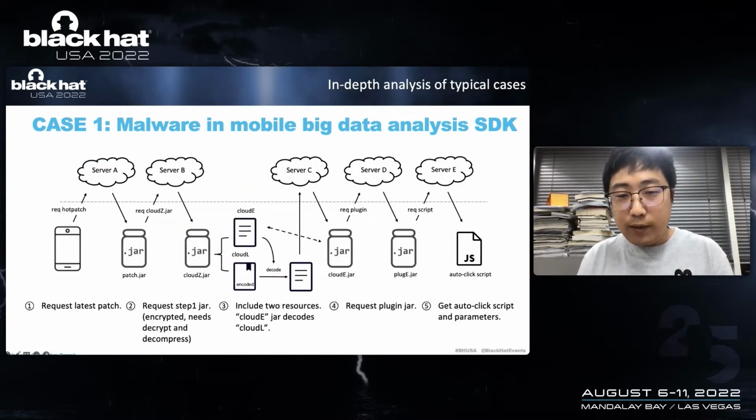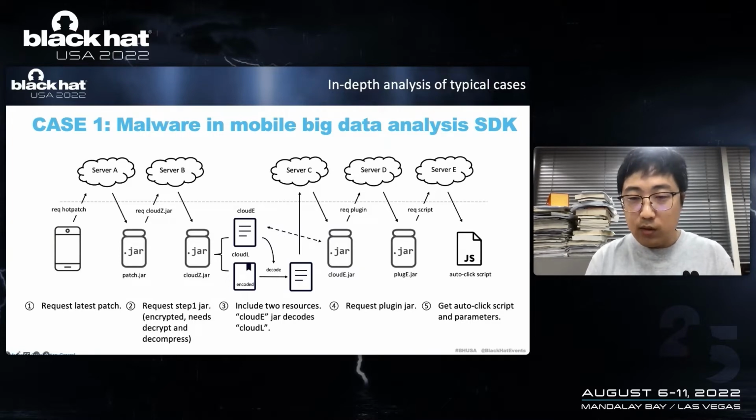We have analyzed a lot of mobile phone malicious click cases, but this one is the most complex one we have met. First, the malicious DEX will request the latest patch. If the environment is safe, the cloud server will return patch.jar.